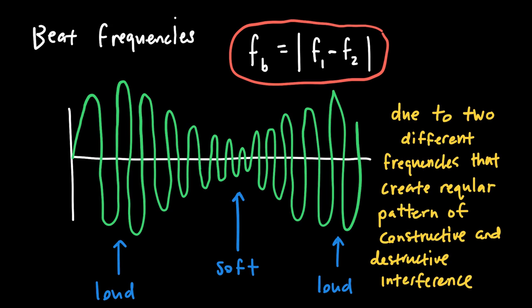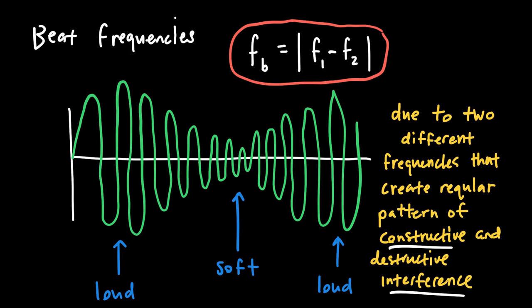What's happening is those frequencies are close to one another, but they're not equal, and so the difference between those two frequencies is generating a beat frequency, which produces loud and soft sounds. And those loud and soft sounds are generated due to two frequencies that are close to one another but not equal, that create constructive and destructive interference at different places.